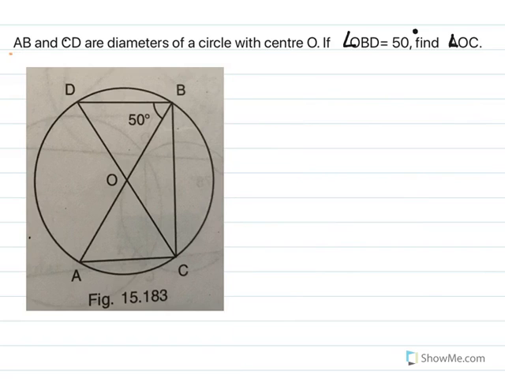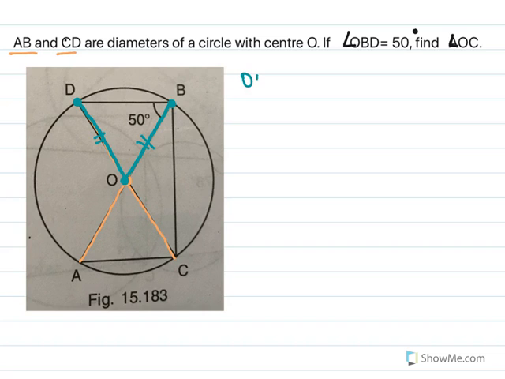So rather simple sum. It's given AB and CD are diameters. So if AB and CD are diameters, we can say O must be the center because the diameters meet at the center. Now if we take up triangle BDO, in triangle BDO we have OB equal to OD, and these are the radii. So this is equal. So let me write that.